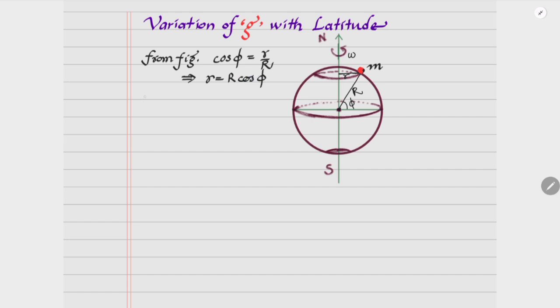Now here you need to know there are two forces acting on the particle. One is because of the rotation, angular velocity, which always gives centrifugal force, as well as the inward force towards the center of the earth, that is the common gravitational force.